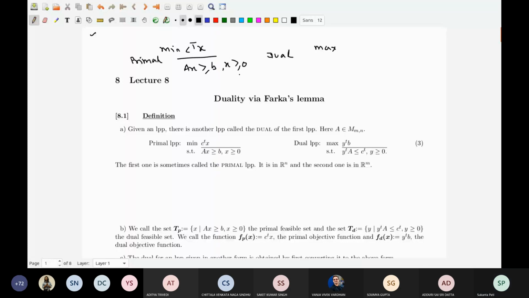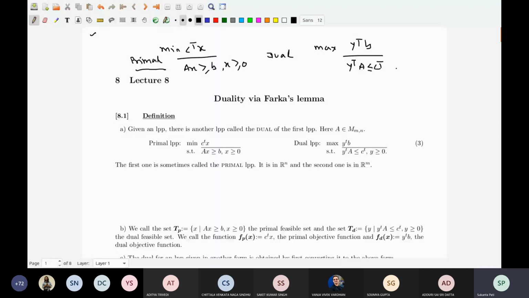Okay. So the dual problem is another problem that is related to this one. How it is related, we'll tell that, and that will be maximize y transpose b subject to the same A, but you will write y transpose A less than equal to c transpose and y greater than equal to 0.